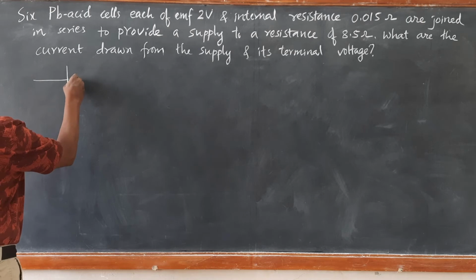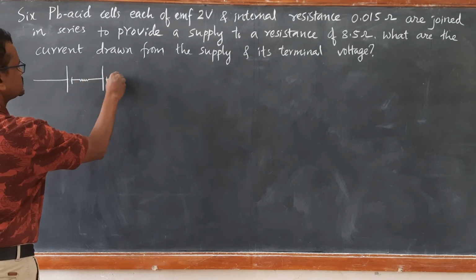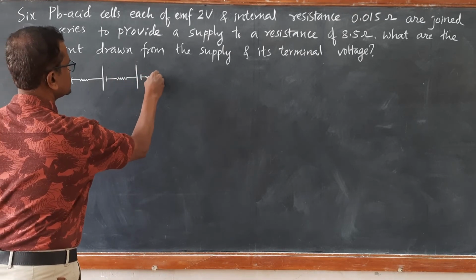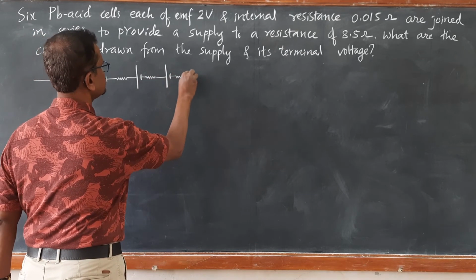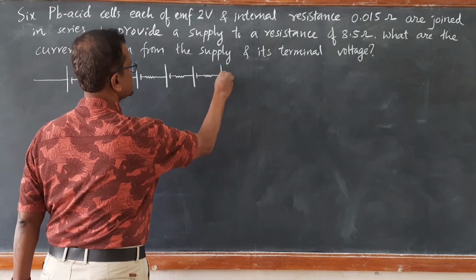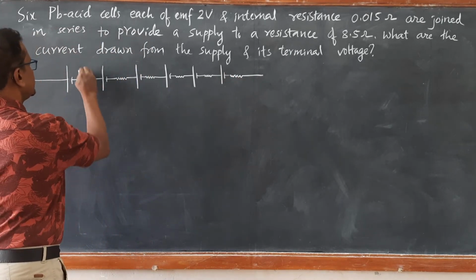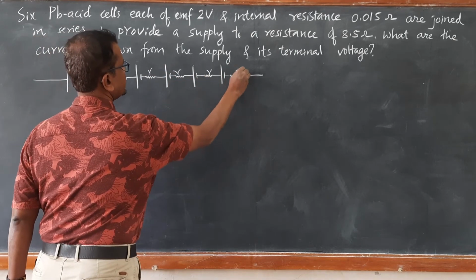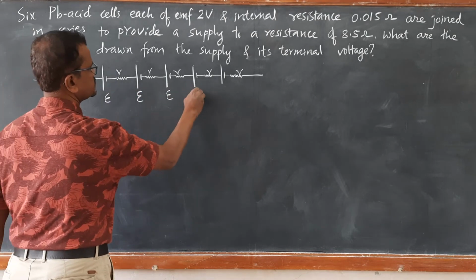6 lead acid cells, so I am just drawing symbolically. 4, 5, 6. Each of internal resistance R is the same, and each of EMF E, they are all similar.